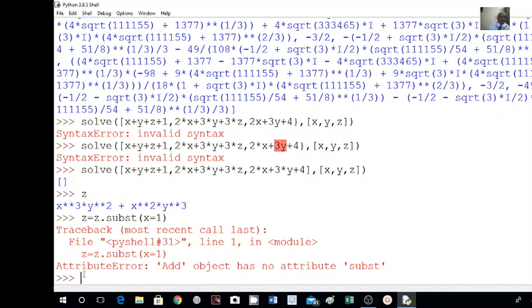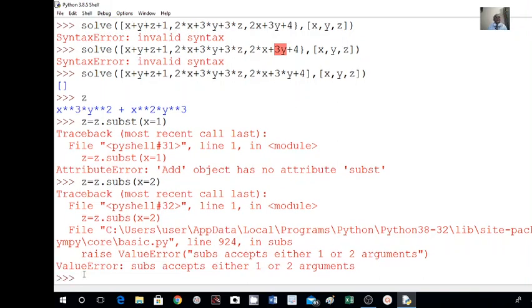Some syntax is wrong. z equal to z dot SUBS, I think SUBST is wrong, SUBS, x equal to 2. Again I am getting an error here. And z equal to, okay, let me try, z dot SUBS.